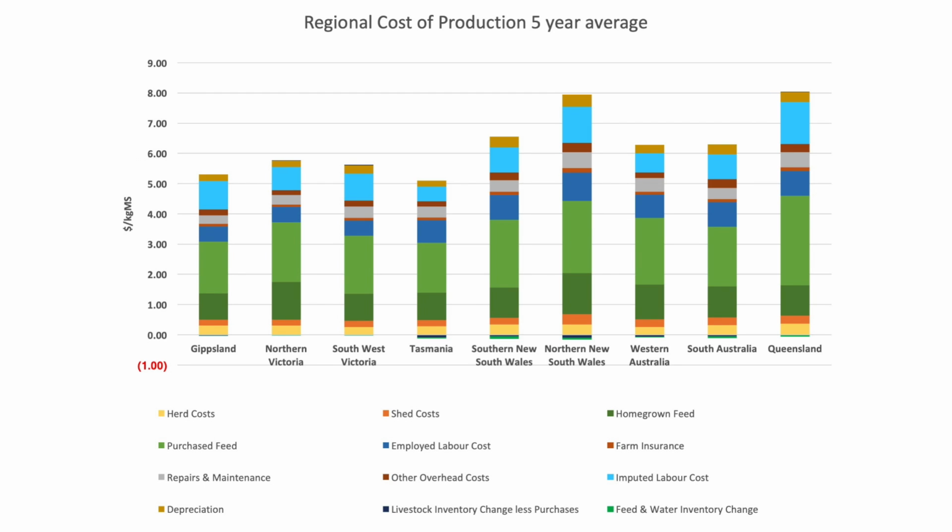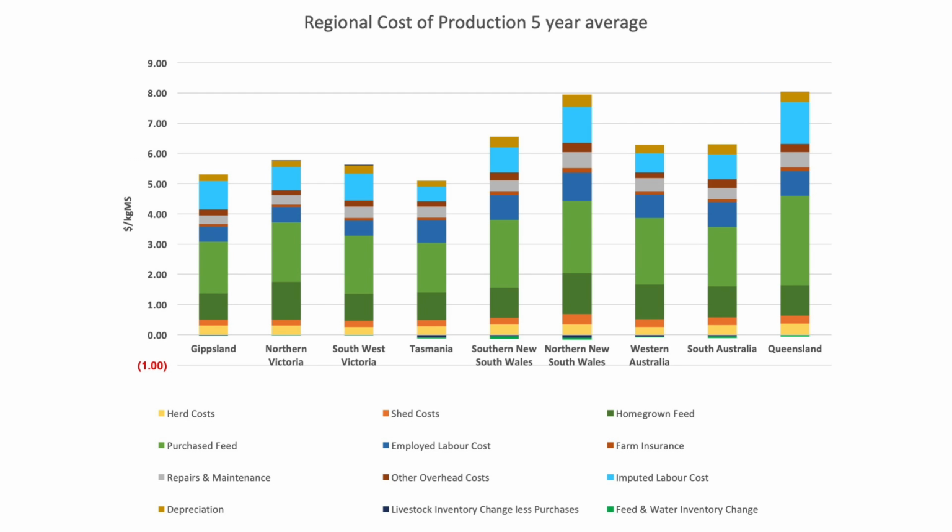And as Kerry mentioned, it's multifactorial, but a lot of it system-based, climate-based, and all sorts of other variables in there. And then you've got Queensland over on the far right, and we're not far behind in northern New South Wales. Cost of production being all your cash costs and those non-cash costs as well as inventory changes.